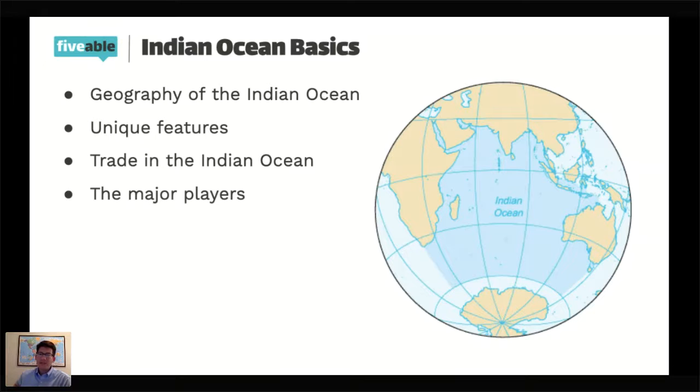They're seasonal winds. And so this brings us to another unique feature of trade in the Indian Ocean, which is that all around this Indian Ocean basin, and what I mean by that basin is this region around this ocean, right? The ocean itself is a basin. It just happens to be filled with water. So all of these regions around the Indian Ocean basin, trade cities will open up or will grow, but they will be very diverse.